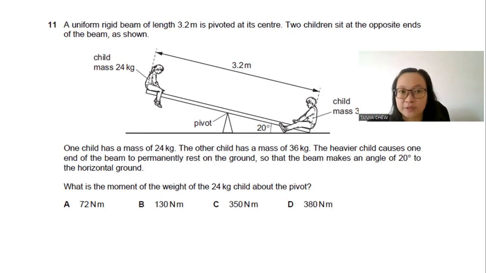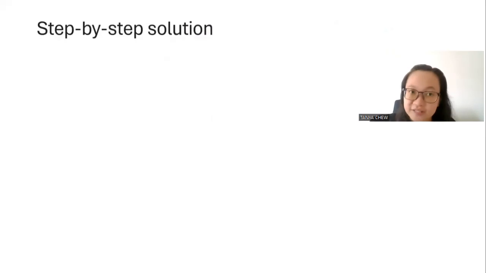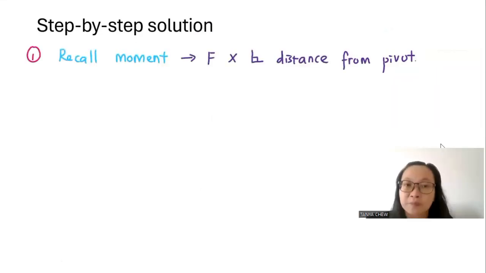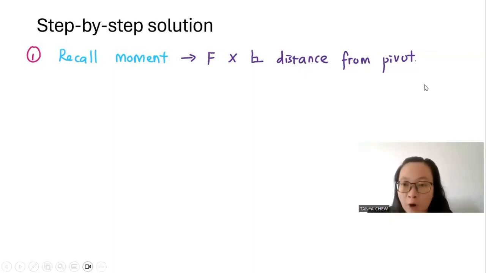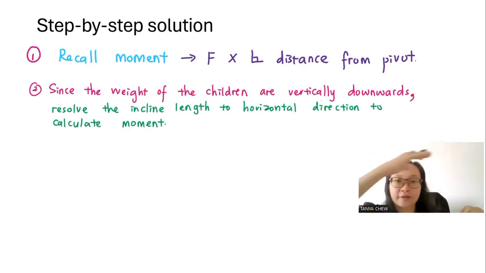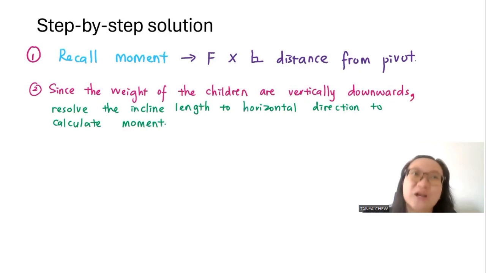Now you have to understand the principle of moment here. In this case, anticlockwise moment. How do we calculate the moment? It is the product of force and perpendicular distance from the pivot. So, step by step: first, you recall moment, which is force times perpendicular distance from the pivot. Since the weights of the children act vertically downwards, you have to resolve that inclined length into the horizontal direction, because they have to be perpendicular.